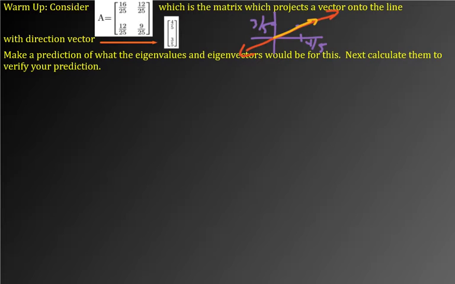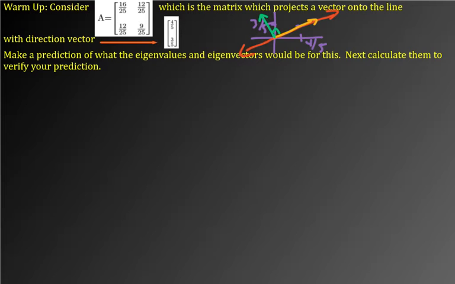The other options are the vectors perpendicular to the red line. Those would stay on their span, and they're just going to get smushed down to the red line somewhere. So those are the eigenvectors.